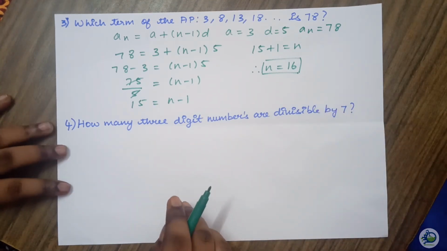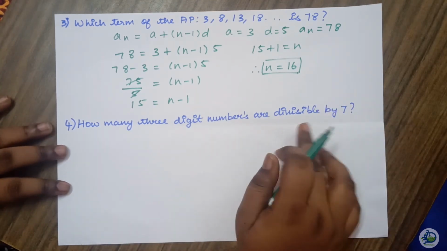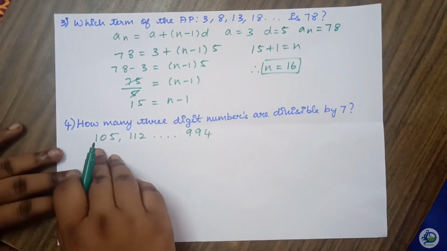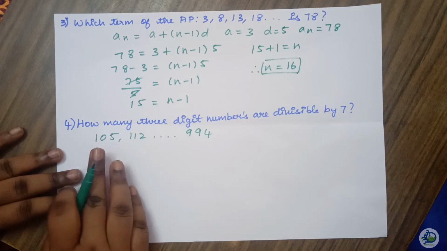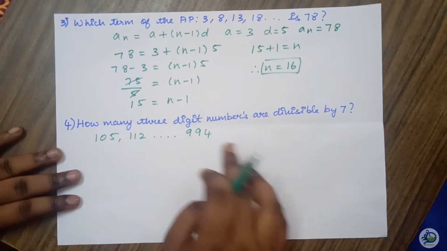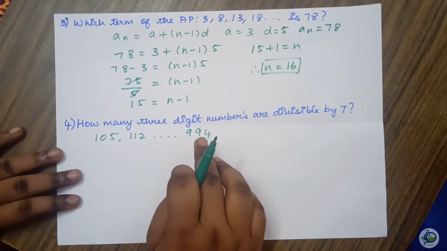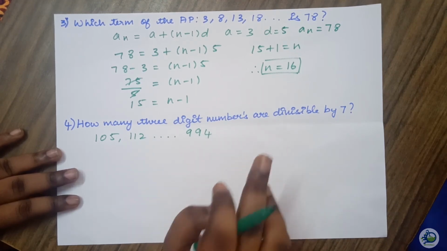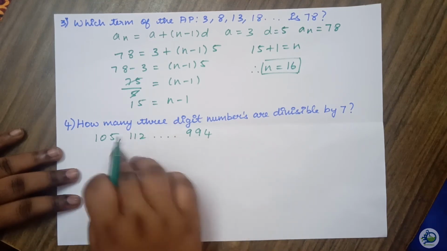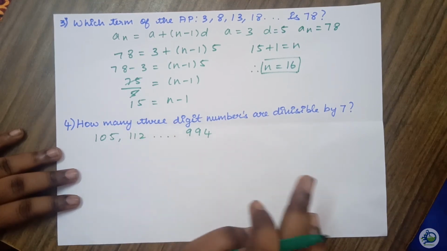Let's do another problem. How many 3-digit numbers are divisible by 7? The smallest 3-digit number divisible by 7 is 105, and the greatest 3-digit number divisible by 7 is 994. Now what we are going to find is how many numbers between these two are divisible by 7.